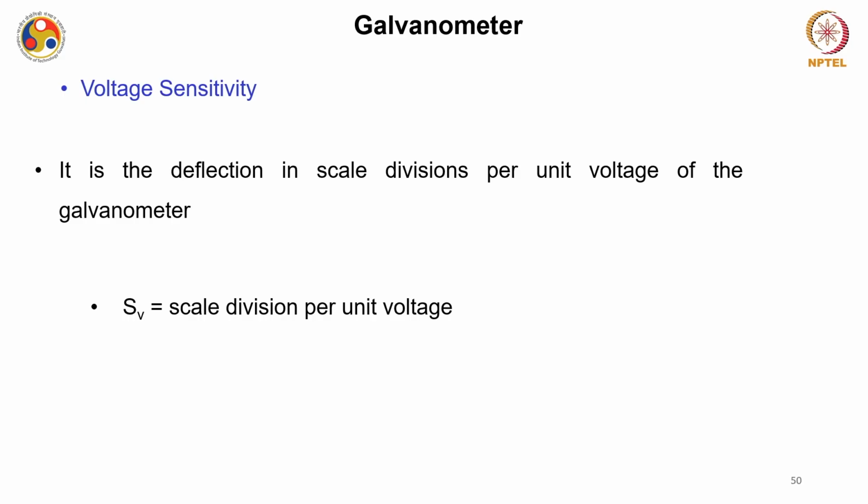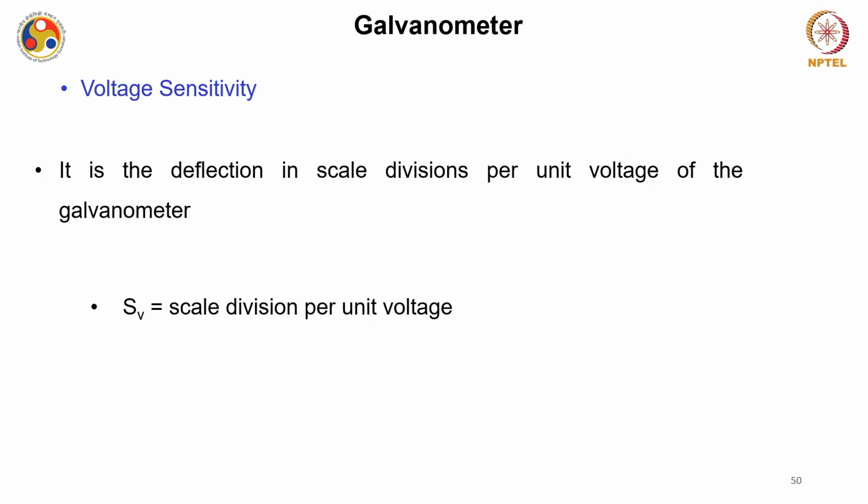There, these sensitivities become very important, particularly when you deal with very low current or very low voltage. So we will try to recall this voltage sensitivity and current sensitivity of the galvanometer later on in this course. With this we are finishing this galvanometer discussion.